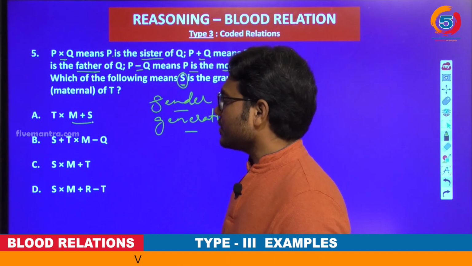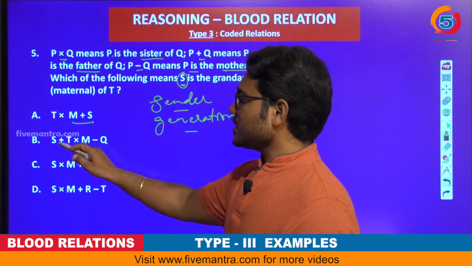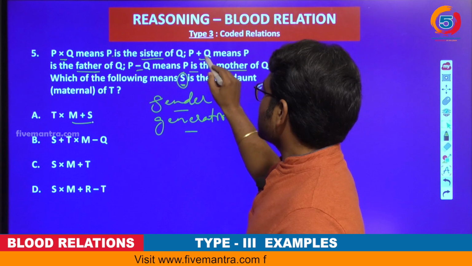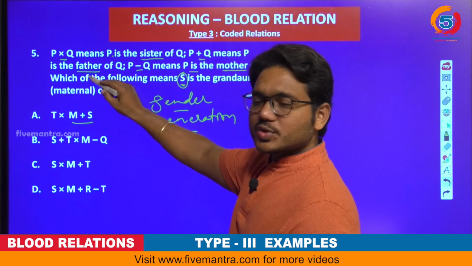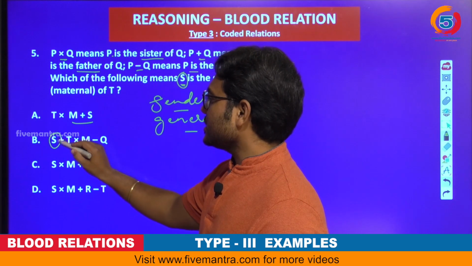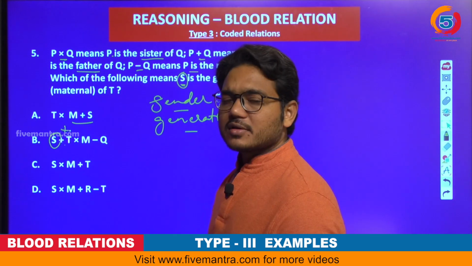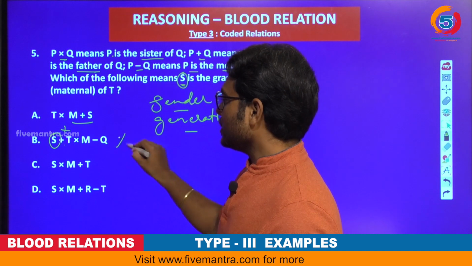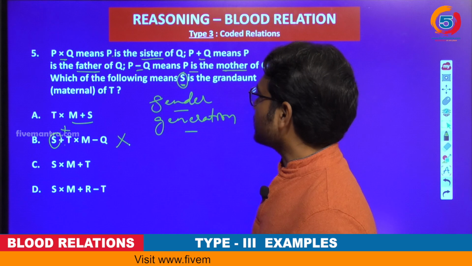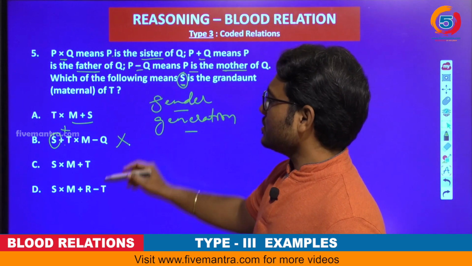Then identify the second one. Second option is S plus T. Plus means father. So S is the father of T. So straight away this plus is indicating that S is a father, means male. So we can rule out this option. Next, coming to S cross M. Cross indicates sister.